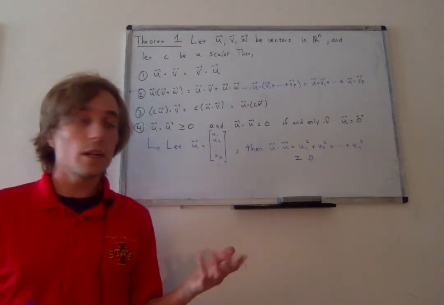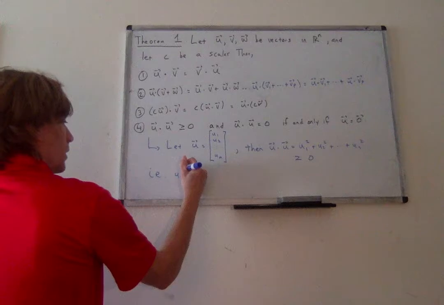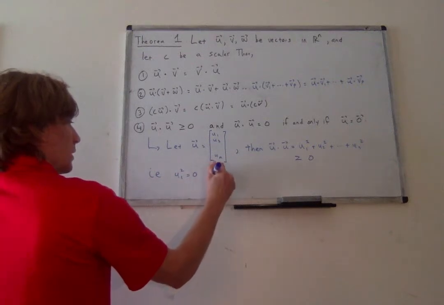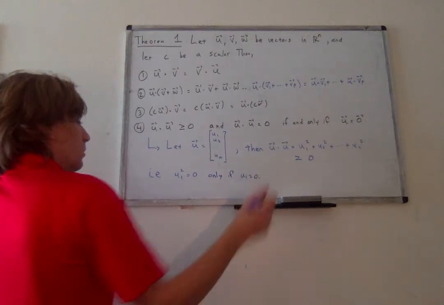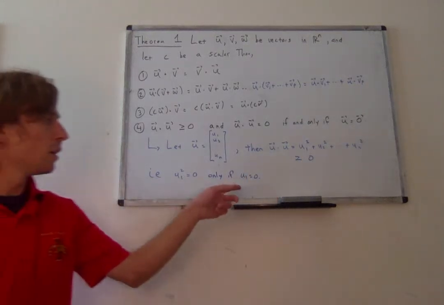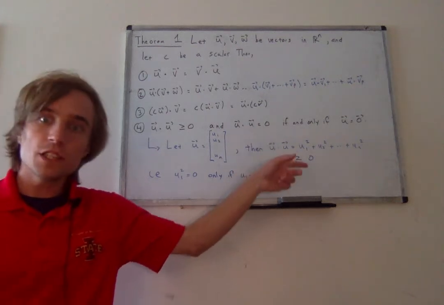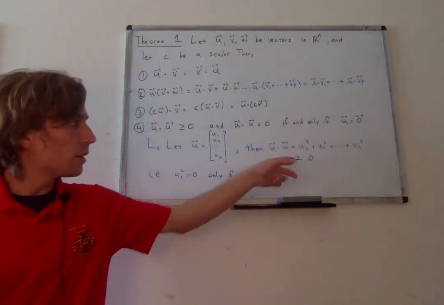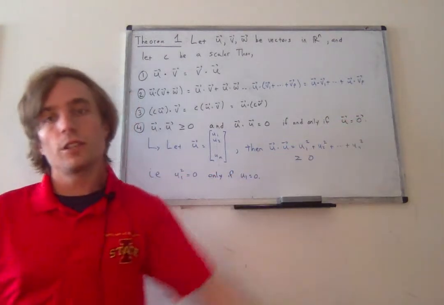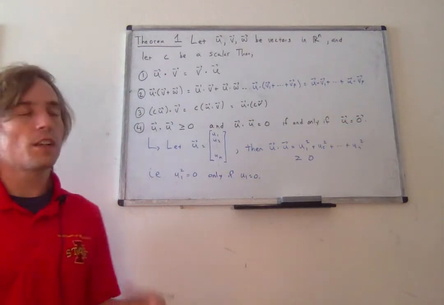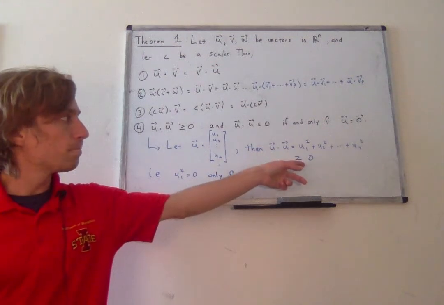So for example, u1 squared is equal to 0 only if u1 is equal to 0, right? But notice, if one of these values isn't equal to 0 and none of these values can be negative, then the only way this whole sum is equaling 0 is if every single number in this sum is also 0.